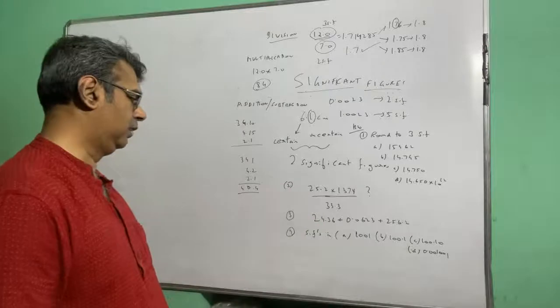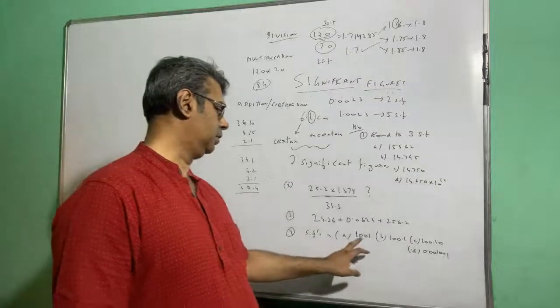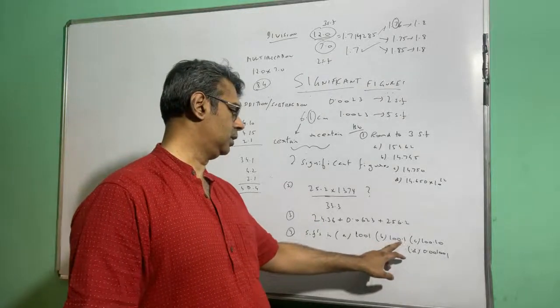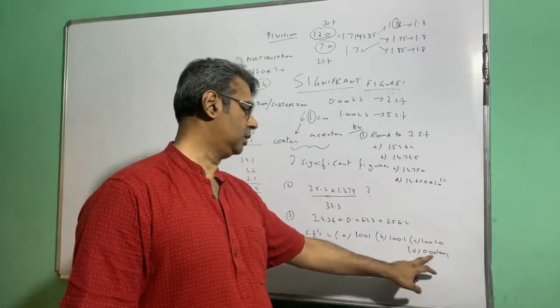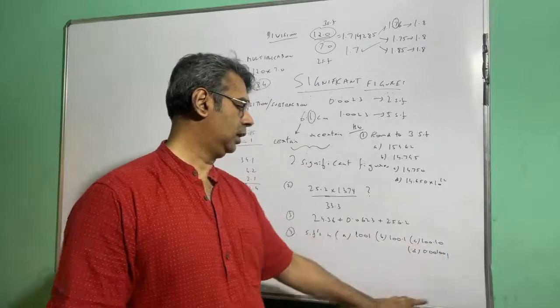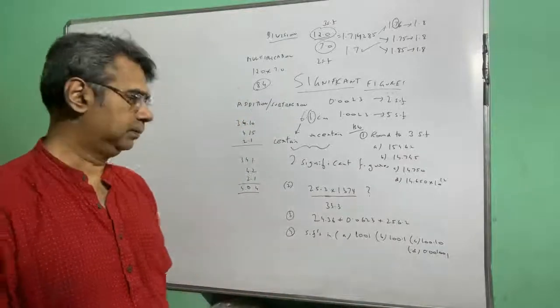Question number 4. Find the number of significant figures in 1001, 100.1, 100.10 and 0.001001. That is question number 4.